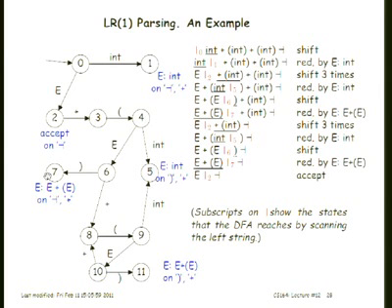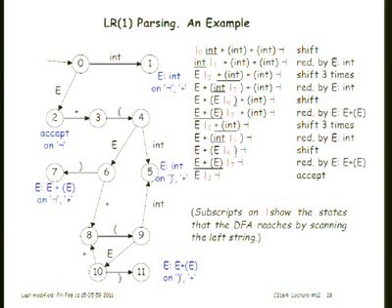That takes us to here, which tells us, oh, you can do a reduction. In fact, there's nothing else you can do since there are no exits out of this state. And so as long as you see a right end of file or a plus, you can do the reduction.